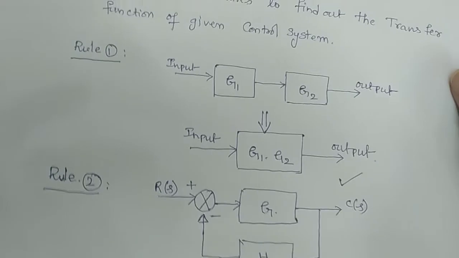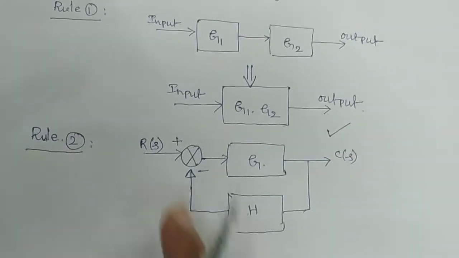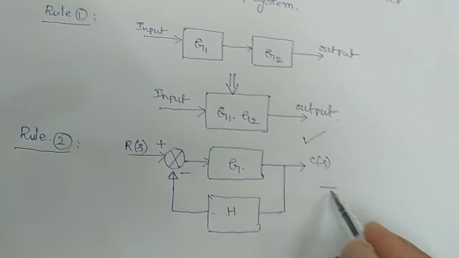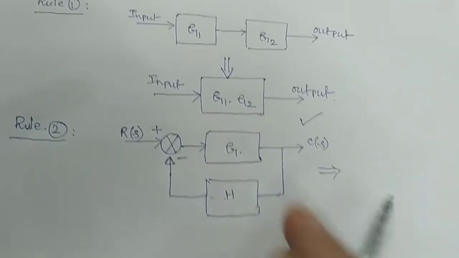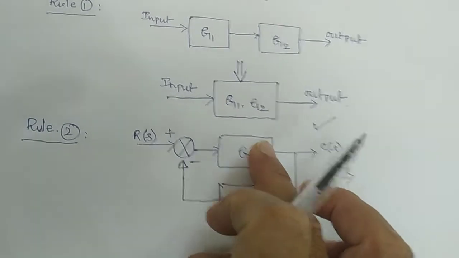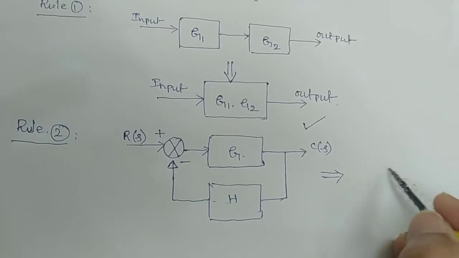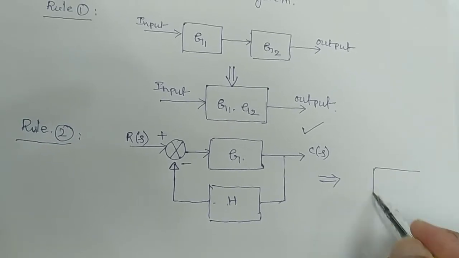There is a possibility of having this type of thing in the given problem. Then what is its equivalent? This is the closed loop control system with negative feedback. Then you can simply simplify that.